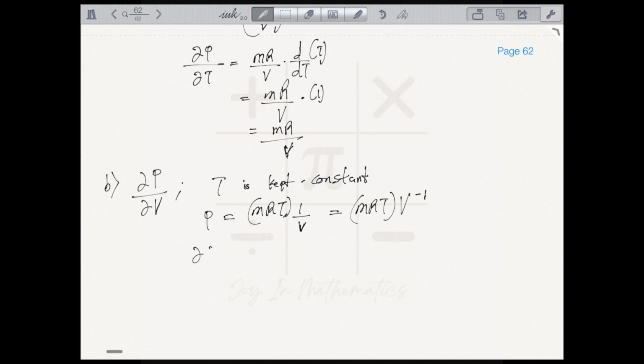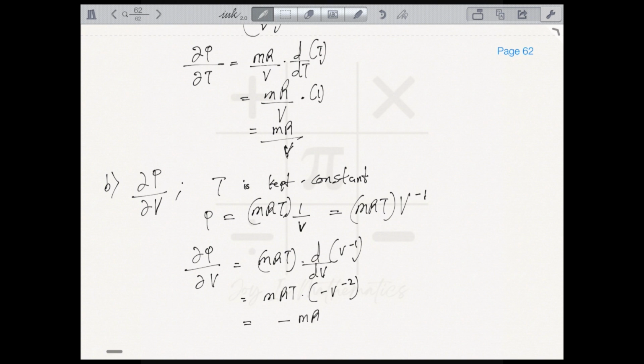Therefore, the partial derivative of P with respect to V is mRT differentiating V raised to power minus 1 with respect to V. And with this, we have mRT multiplied by minus V raised to power minus 2. And this can be written as minus mRT divided by V squared.